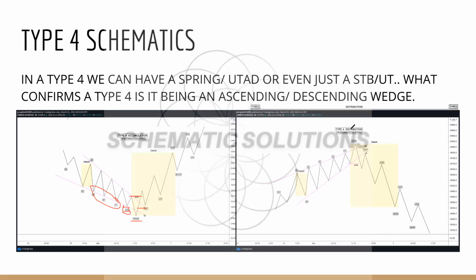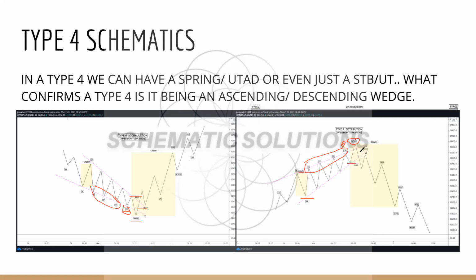So now in the type 4 distribution, we have our climax to our AR. We have multiple secondary tests that form this ascending wedge. Then we get our UTAD, which lets us know that the secondary test before the UTAD is going to be our upthrust.